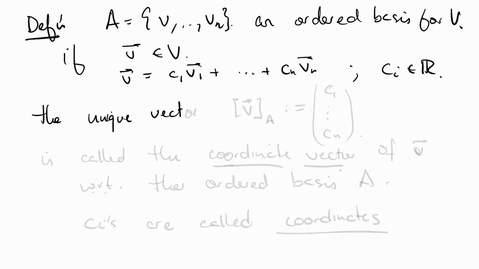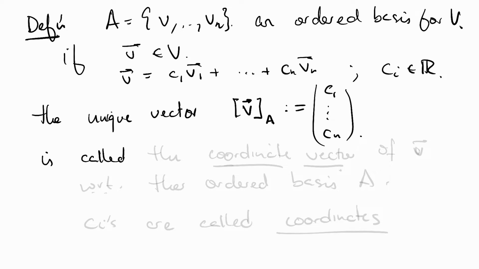So we have established a unique vector. Here's the notation for it, V in square brackets sub A. This is going to be the vector made up of the coefficients. As I said, since there's only one way to express V in terms of this basis, C1 through Cn is going to be a unique vector. This unique vector has a name.